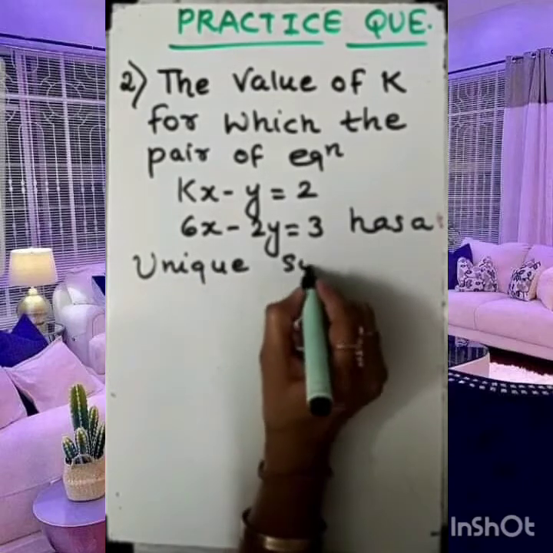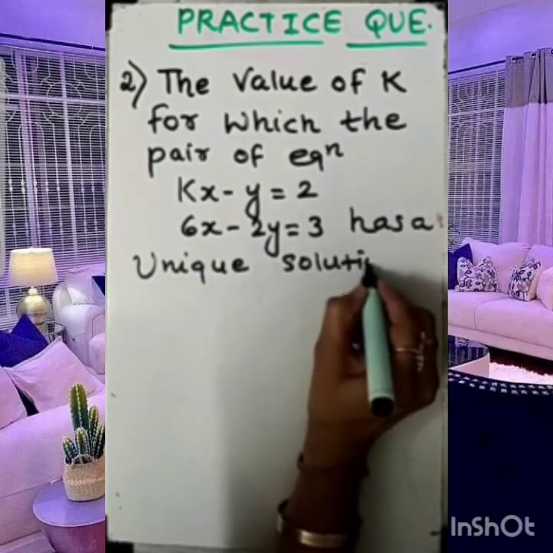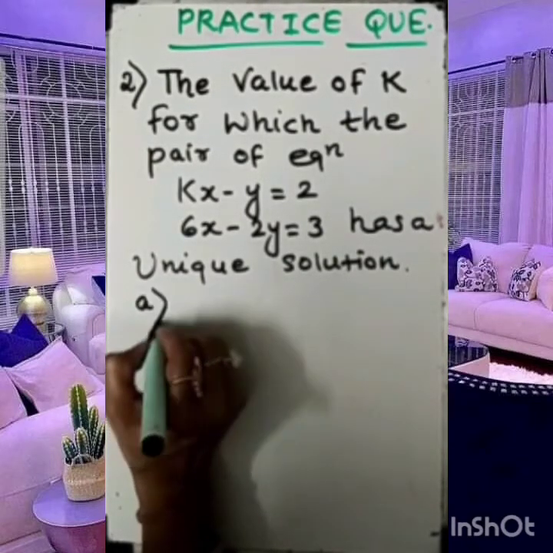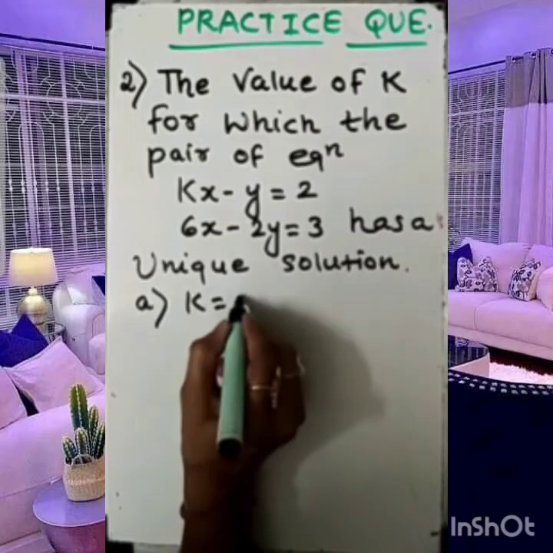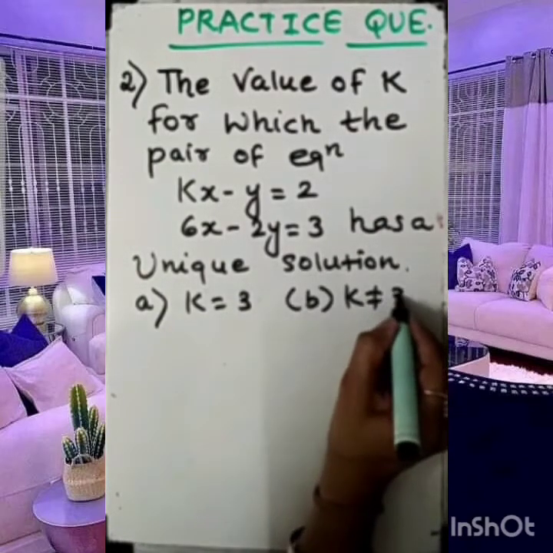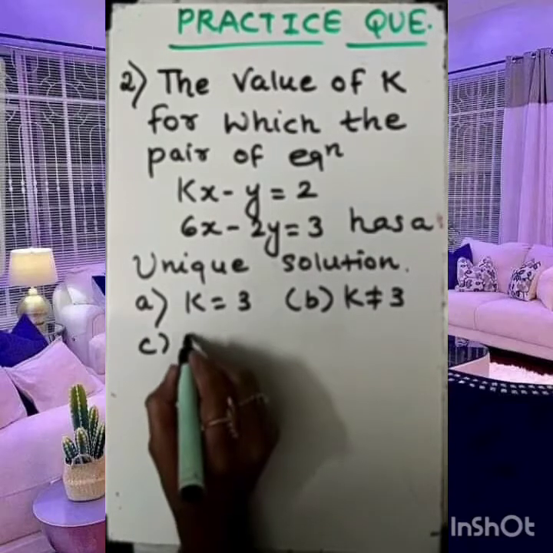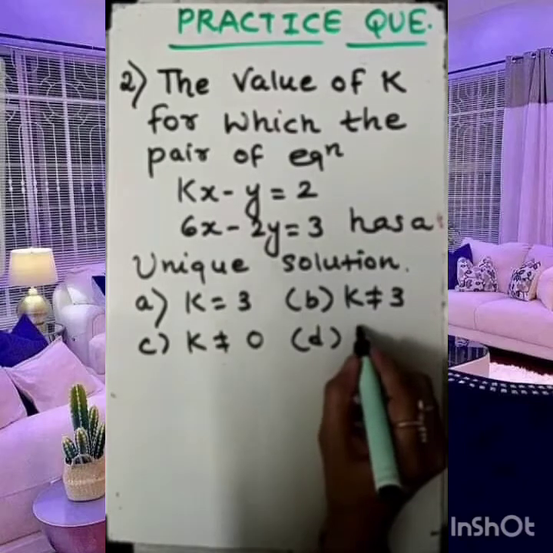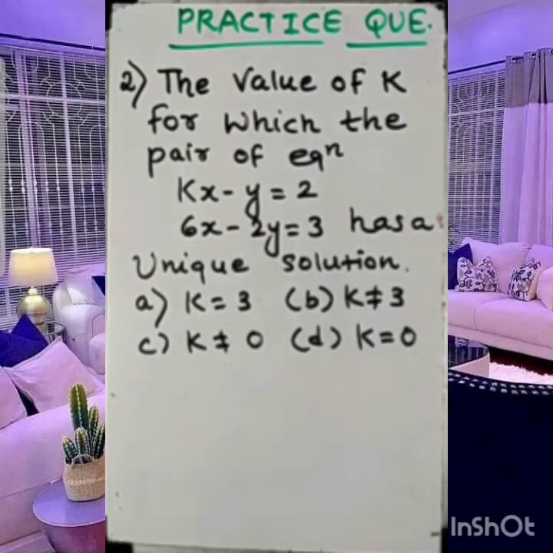The options are: first, k equal to 3; second, k not equal to 3; third, k not equal to 0; and the fourth option is k equal to 0.